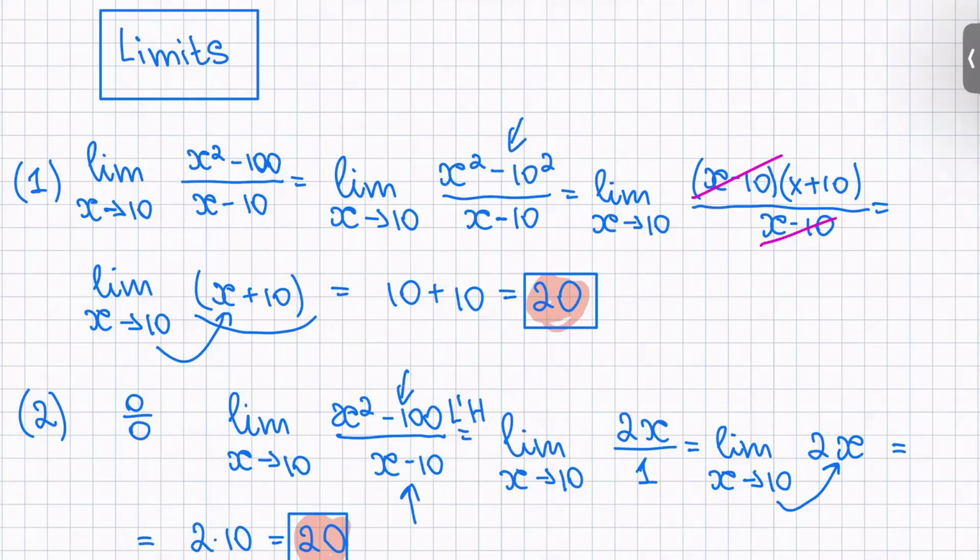The second option is applying L'Hopital's rule. So that's it, dear students. In this video, I just wanted to show you that there are limits where there is not only one way to compute them, but there can be many. In this case, it's 2 ways to compute the limit. Thank you for your attention, dear students, and I will see you soon.